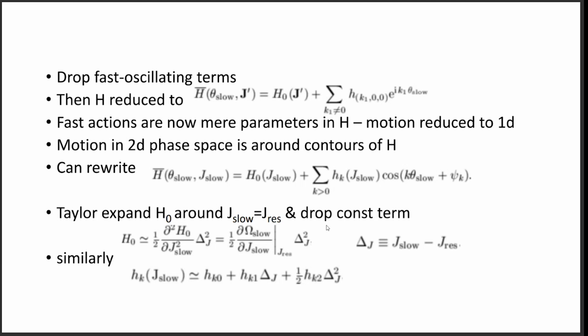The traditional thing to do now is to Taylor expand H naught. So H naught is a function of the slow action, and we know that dH naught by dJ slow evaluated on the resonant orbit is nothing, right? Because that's omega slow, and that goes to nothing on the resonant orbit.